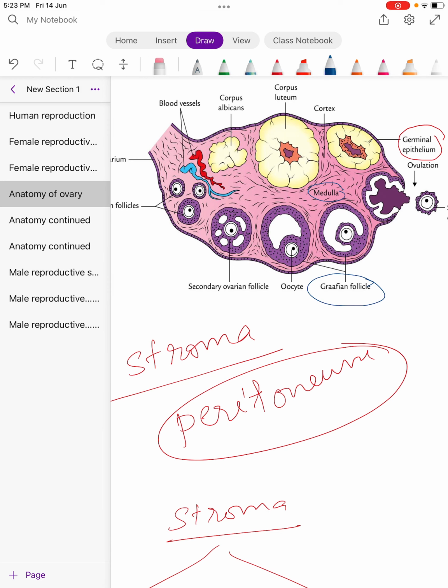Each Graafian follicle contains a large ovum. Here you can say this one is the ovum, surrounded by many layers of follicle cells.